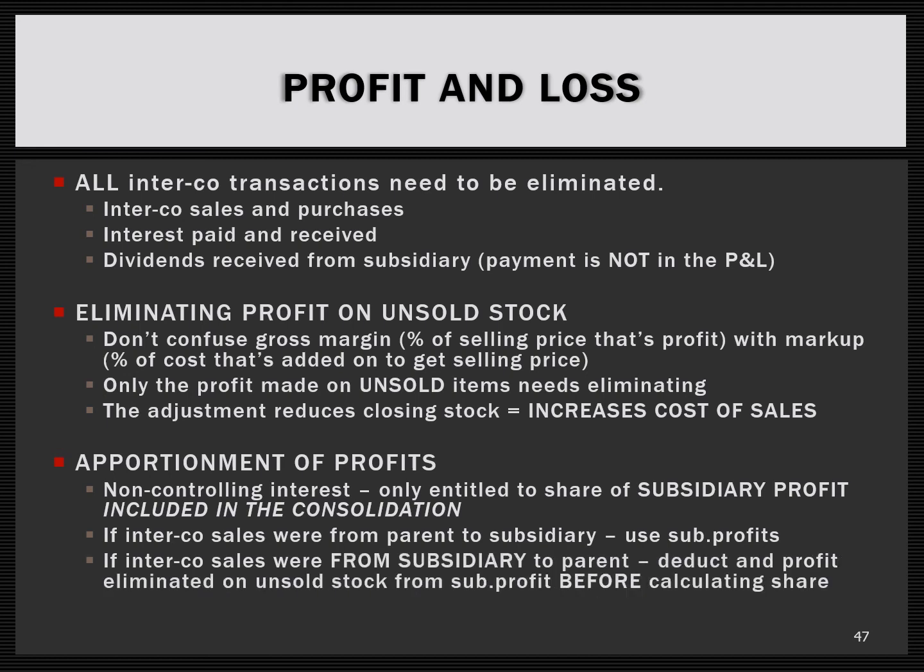But if there are intercompany sales from the subsidiary to the parent company, and we've needed to make an adjustment for unrealized profit on stock, then that unrealized profit adjustment needs to be deducted from the subsidiary company's profit figure before working out the non-controlling interest share of the profits included in the consolidation. So just watch out for that.